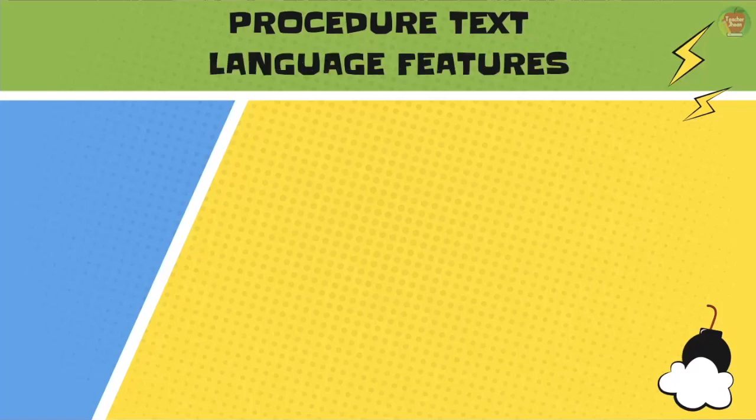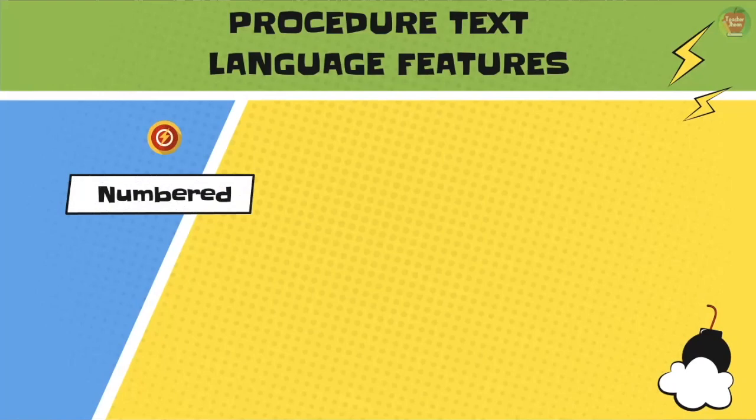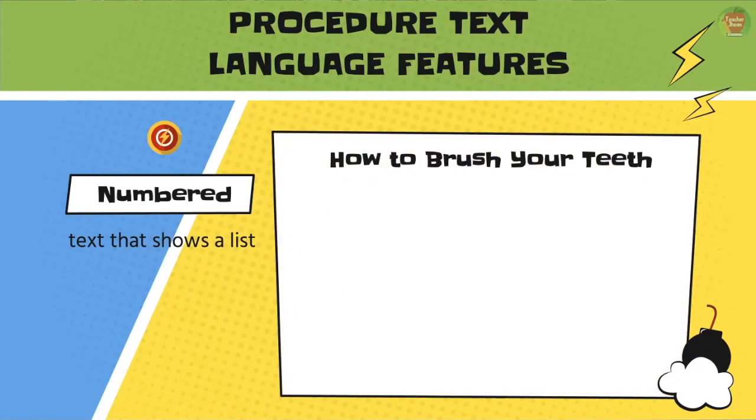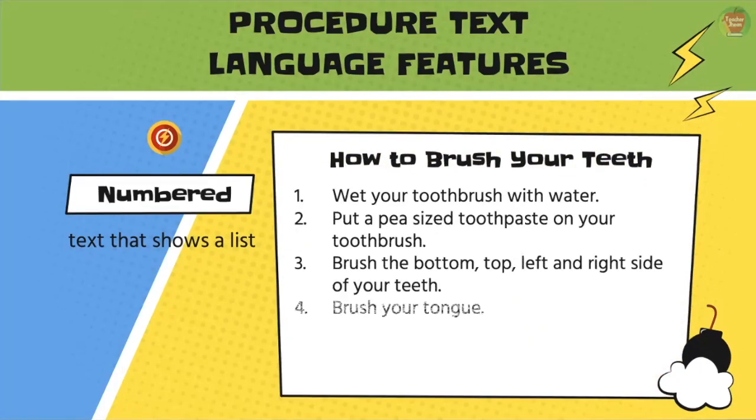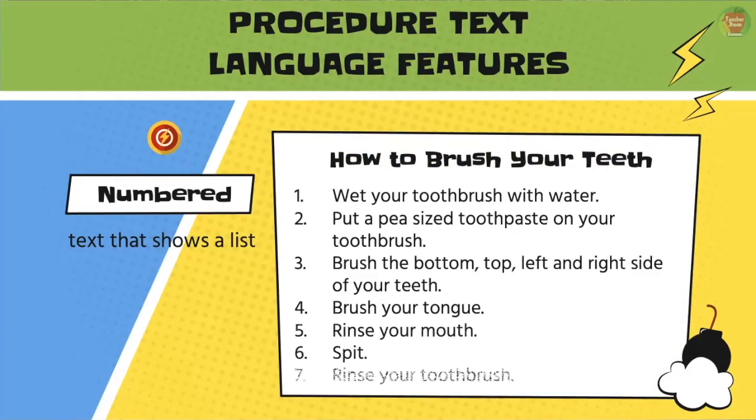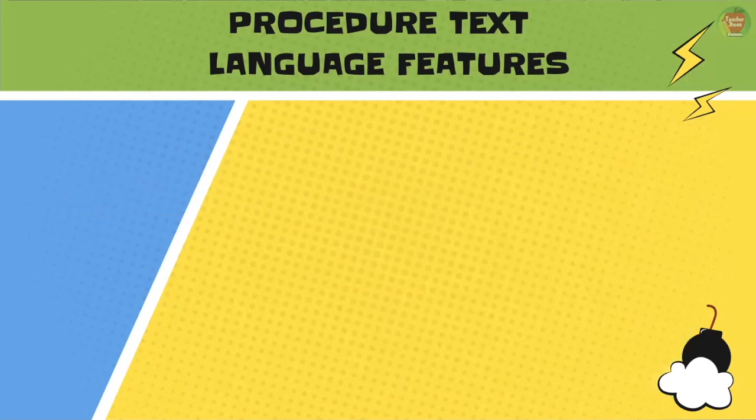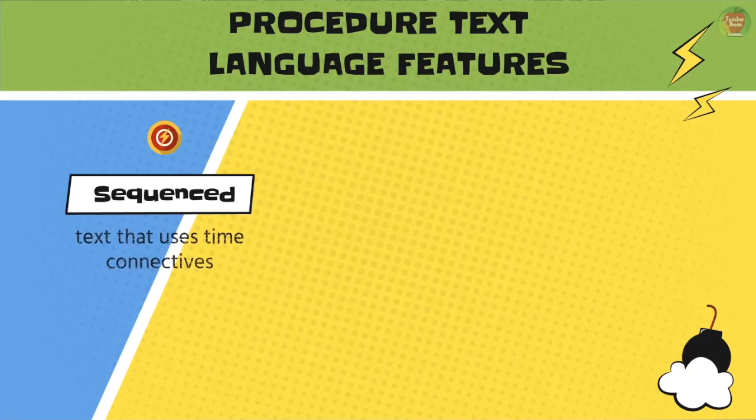There are two types of procedural text. The first one is the numbered, or the text that shows a list. Here is an example of a numbered procedure text. The second is the sequenced, or the text that uses time connectives.